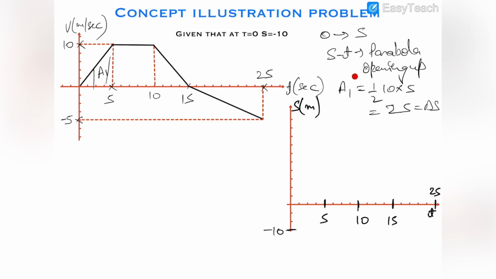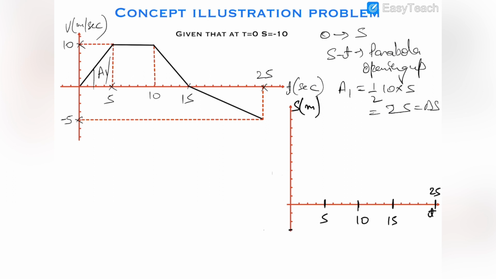This parabola will be going in the upward direction and the base of this parabola would be at a point where velocity would be 0. So you can see that velocity is 0 at t is equal to 0. So the base of this parabola would be at t is equal to 0, which is at minus 10. Let us mark this minus 10 accordingly.